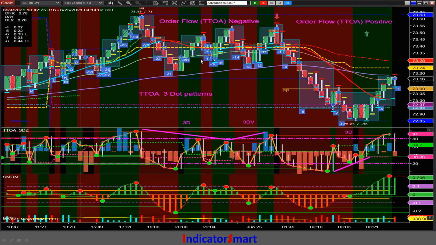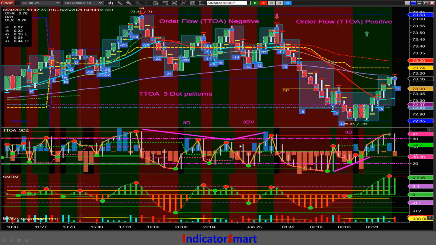Now, all this action is inside all this prior structure right here. When the 3 dot forms, it tends to go lower, and it's leading that driving lower. Then the market comes up and breaks that right edge, and you pick up the 3DV, and the market goes lower from there. So during this interval where you're getting the 3D pattern, you know that there's overall selling going on.